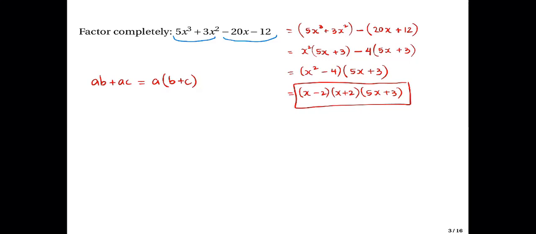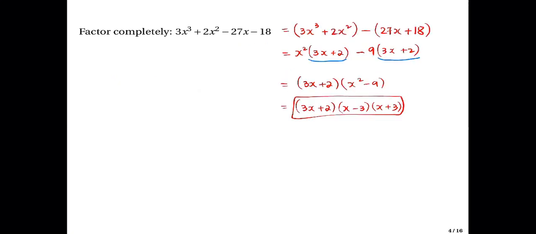Note that multiplication is commutative: AB is equal to BA if A and B are real numbers. Questions? Okay. Next.